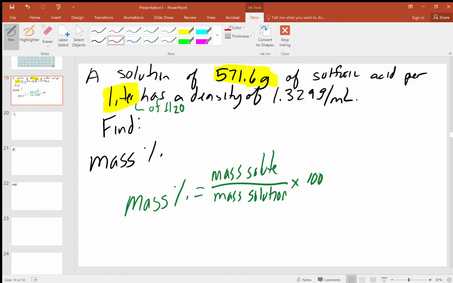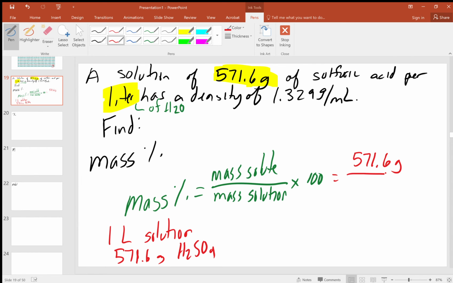So let's make it easy. Let's pick 1 liter. So 1 liter of solution, 571.6 grams of sulfuric acid. So we know our mass of solute, it's 571.6 grams.